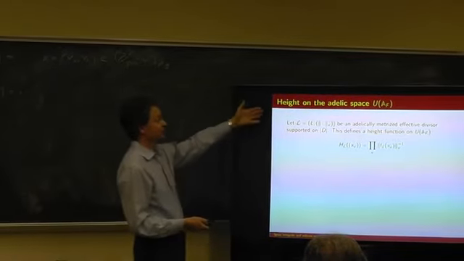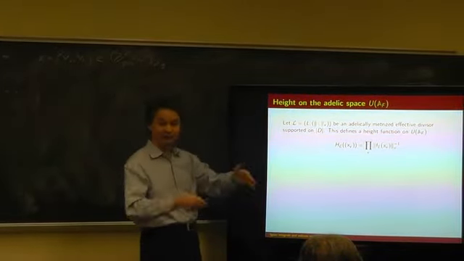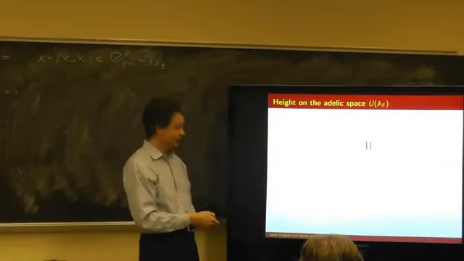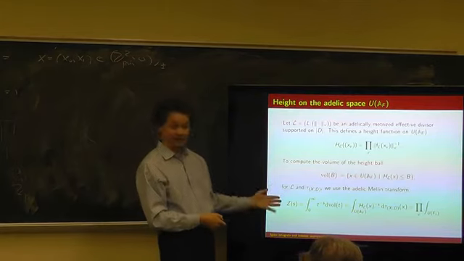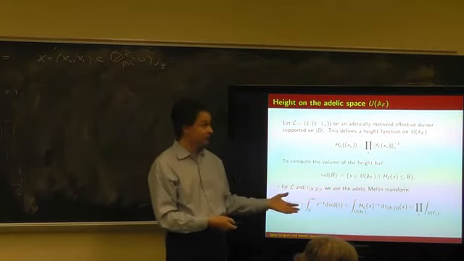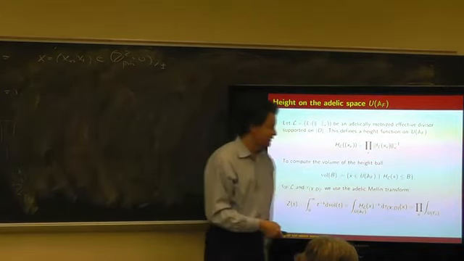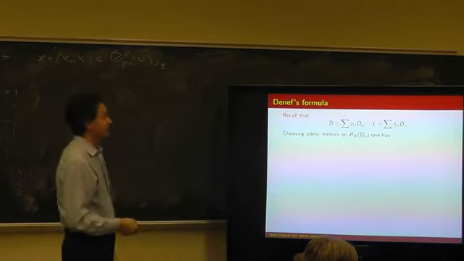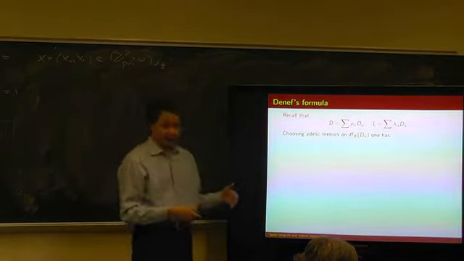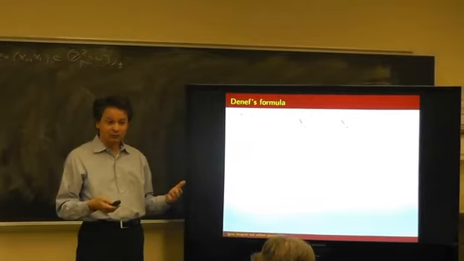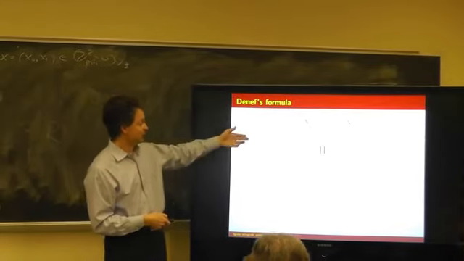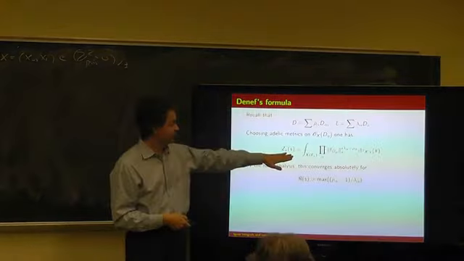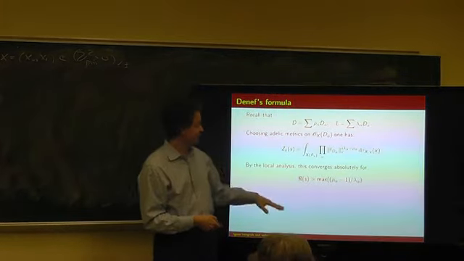We start now with an adelic metrized line bundle, we have a height function, we have a height zeta, adelic height zeta, and we integrate. And what's the volume asymptotic? It's computed by an adelic Mellin transform, and that in turn is the product of local things. And to regularize it appropriately, to understand it appropriately, we really need to know what it looks like at almost all places. So this is what it looks like in general.